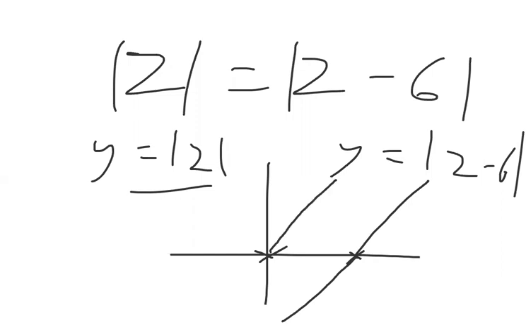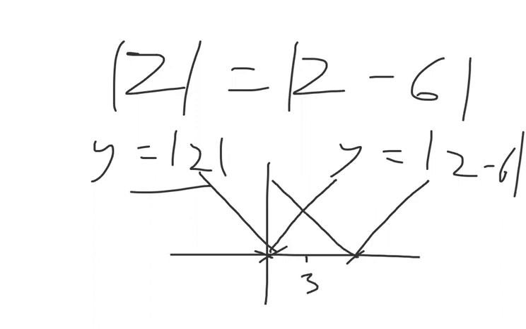But because it's modulus, I love using that verb. If you don't know how modulus works, when you have y equals modulus x, you reflect the negative part in the x-axis, so it always remains positive. So we have something that looks like this, and yeah, we can see halfway between, this equals 3.